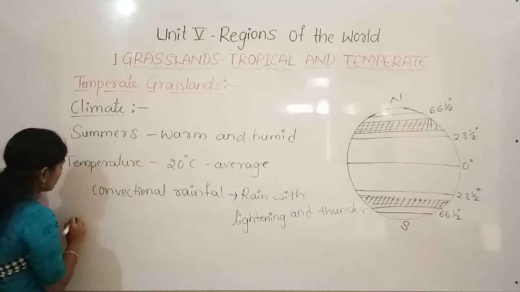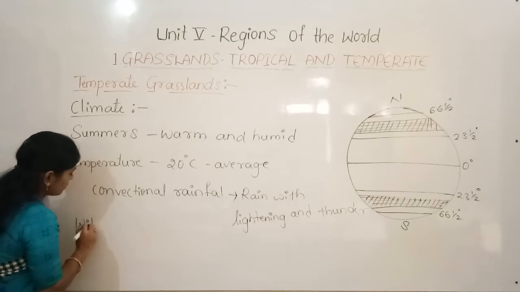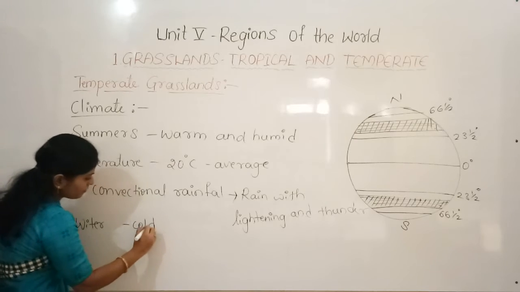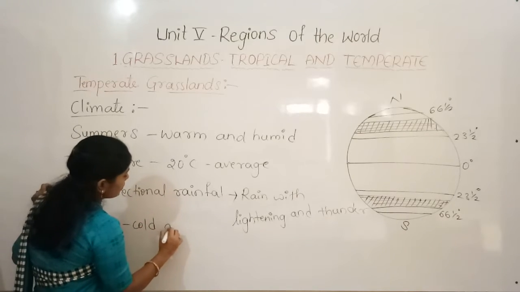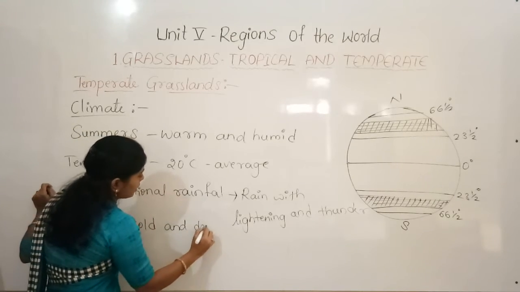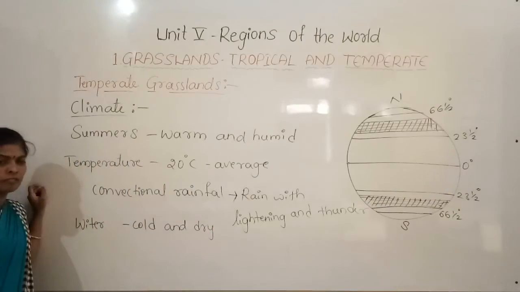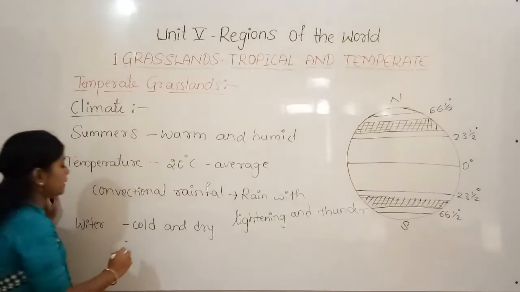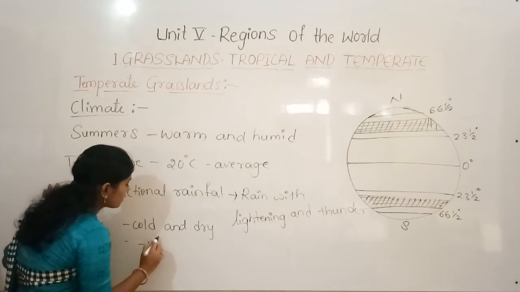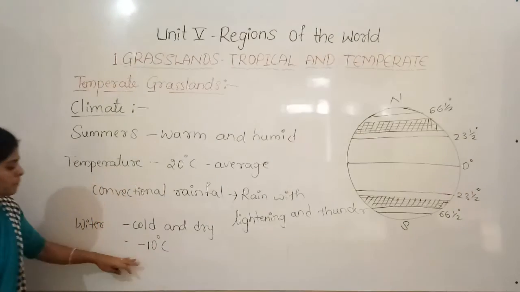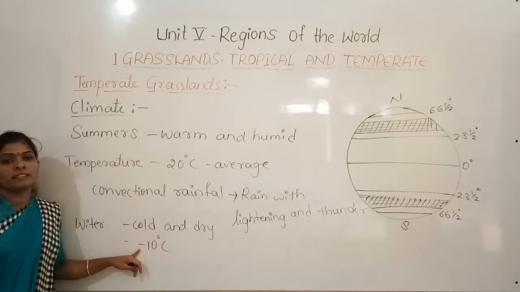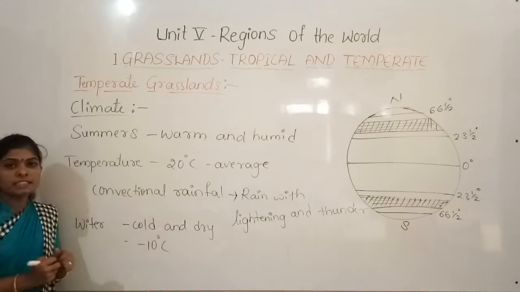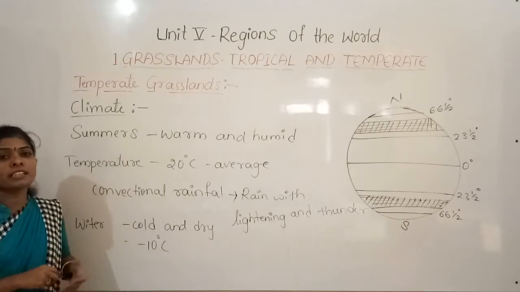And the winters are cold and dry. So here very extreme cold will be there, and sometimes the temperature will be as low as -10°C. See, -10 means it is below 0 degrees. It is lesser than 0°C.